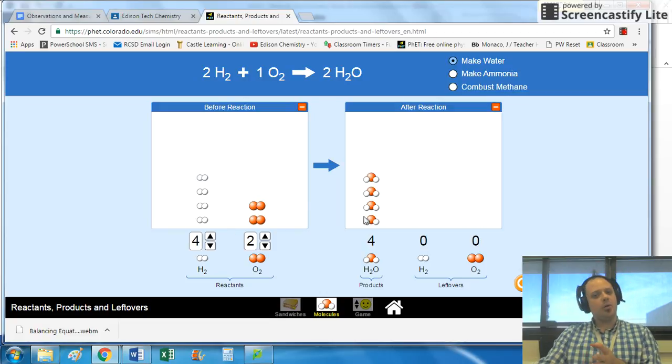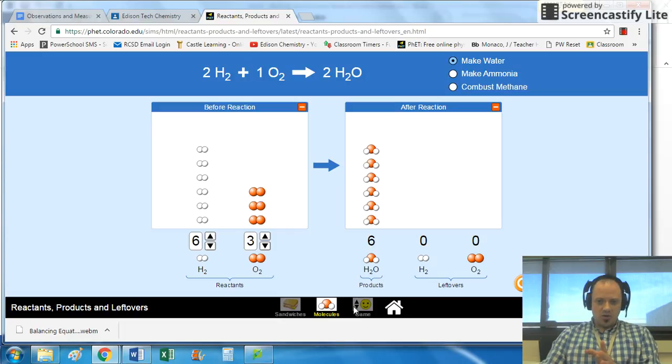Boom. Here we are in the same scenario again, where I've doubled the amounts of reactants and products in the overall chemical reaction. In this case, there are no leftovers. If I kept adding more hydrogen, it's going to stay leftover until I add oxygen and hydrogen in the right ratio to get the product.